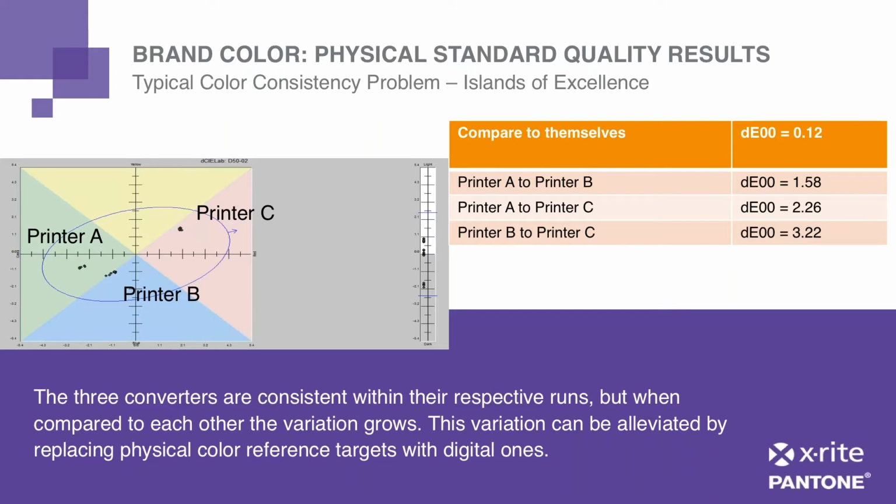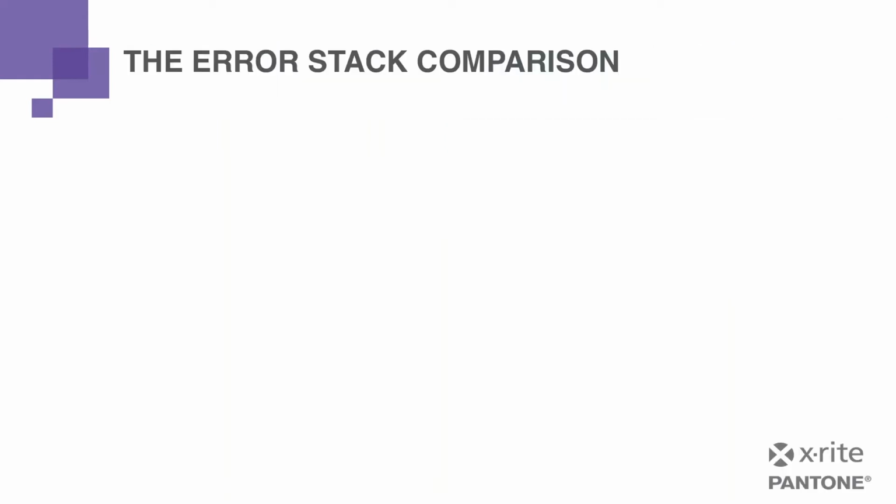Within their own world, they do very well, but when it comes to communicating with each other and printing consistently amongst themselves, then we start to run into more of a problem. Part of this problem is because they all have different physical standards that they've been running to, not a common standard. And this is the error stack.